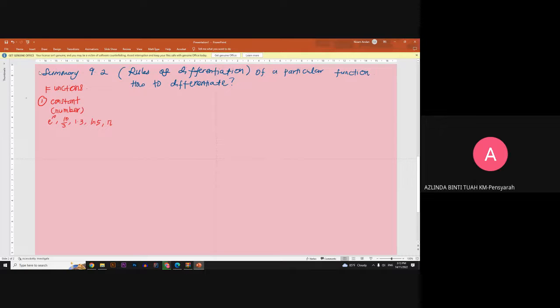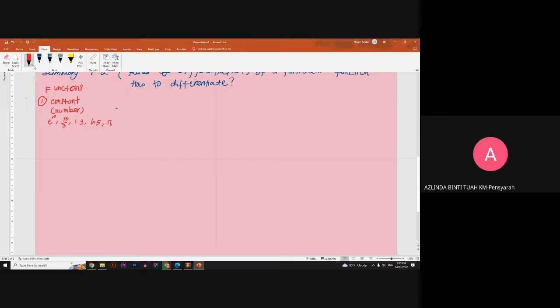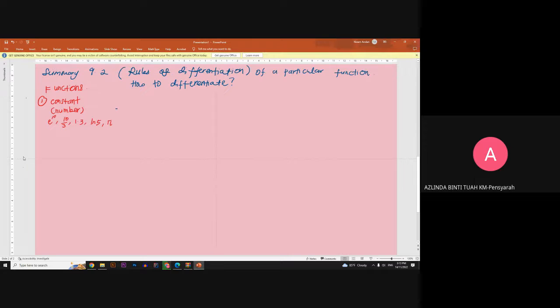To differentiate constant, we use a different color. Okay, how do we differentiate constant? Let y equals to a constant, dy per dx is equal to 0. Okay, when we talk about dy per dx, we are looking for the gradient. So when I have a constant graph, it is the horizontal line, y equals to 5, for example.